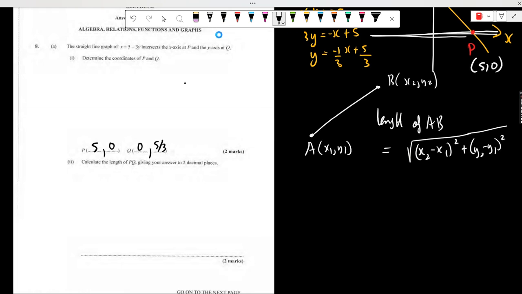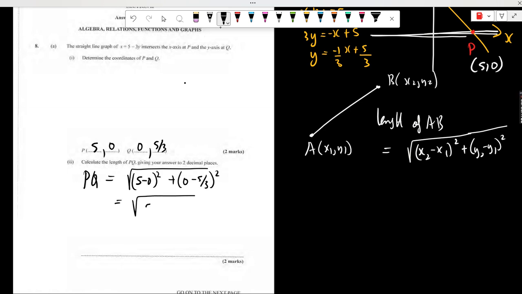PQ equals root of (5 minus 0) squared plus (0 minus 5 over 3) squared, which is equal to the root of 5 squared plus (5 over 3) squared.